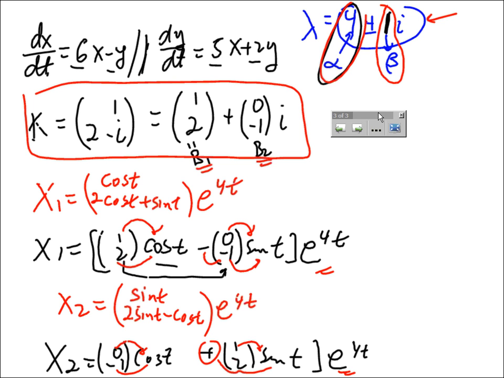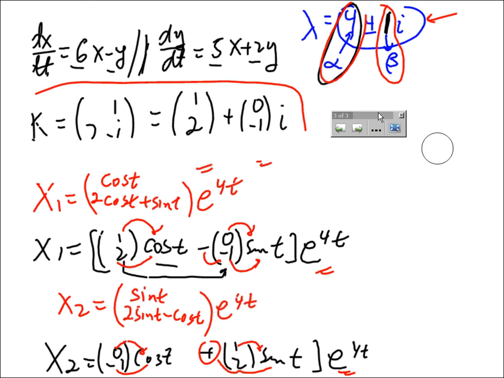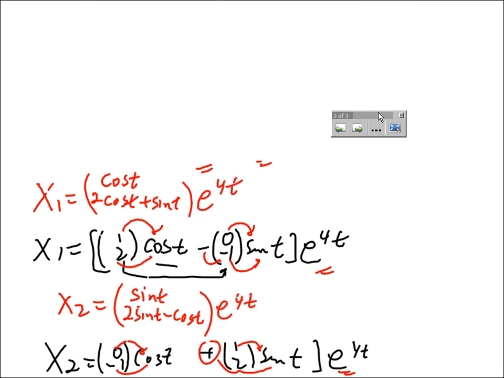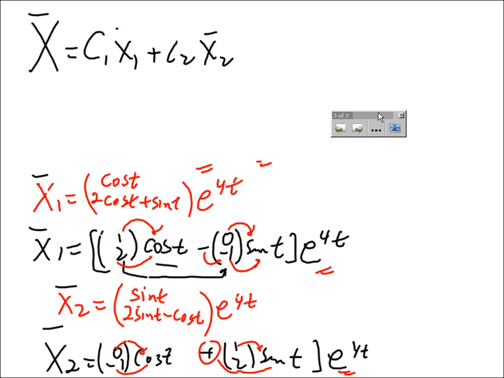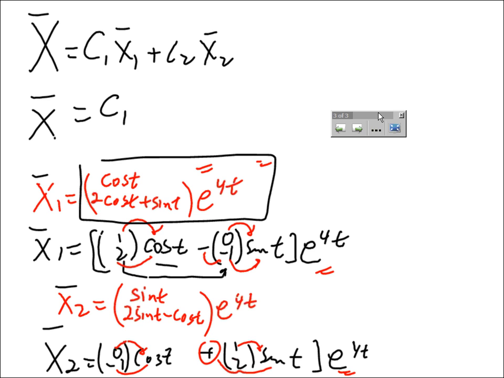So, what will the final answer be? Be very routine. X bar will equal c1x1 plus c2x2. That is, x bar is equal to c1 times this: cosine t, 2 cosine t plus sine t.